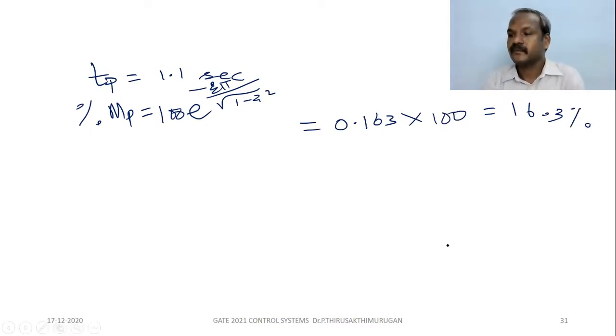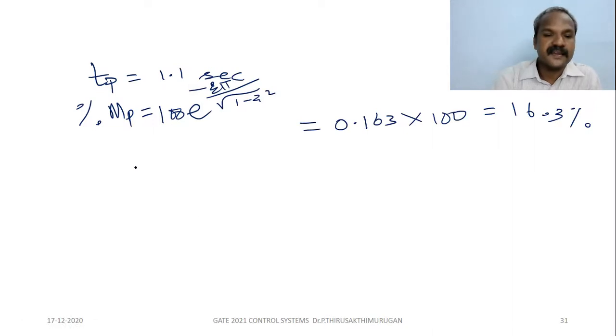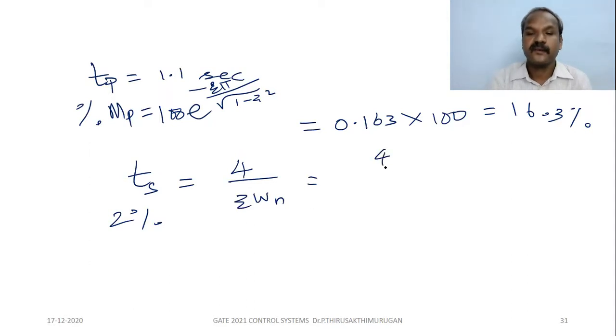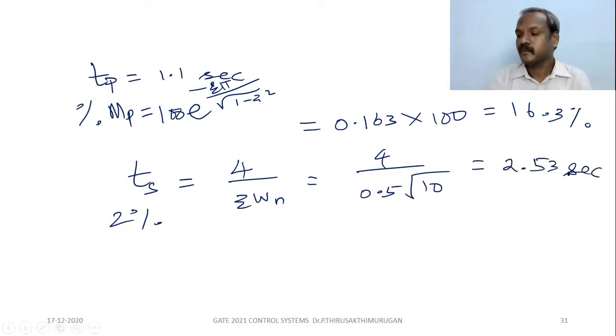So next is settling time for 2% tolerance. We know the 2% tolerance settling time is 4 by zeta omega n. So substitute the zeta value and omega n here, 4 by 0.5 into root 10. So we will be getting around 2.53 seconds.